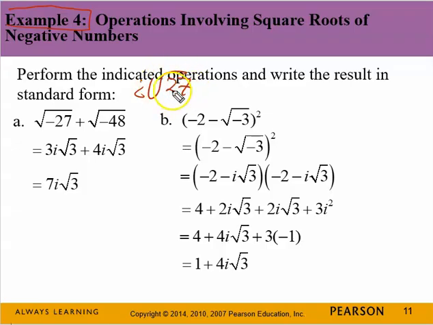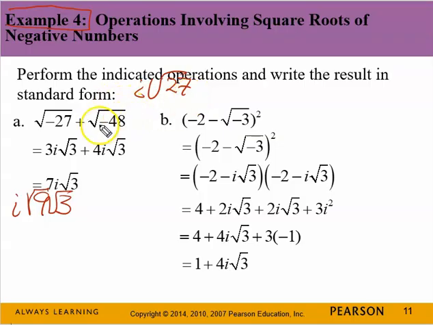But we know the square root of 27 can actually be simplified into i, still out there, times the square root of 9 times the square root of 3. Now, what they're doing from this step to this step is substituting, hoping that you know it already. The square root of 9 is 3, so 3i times the square root of 3.